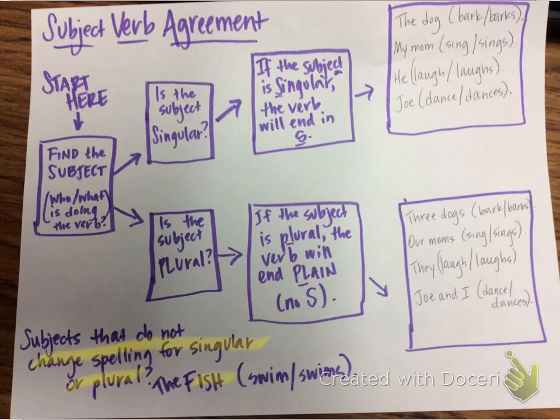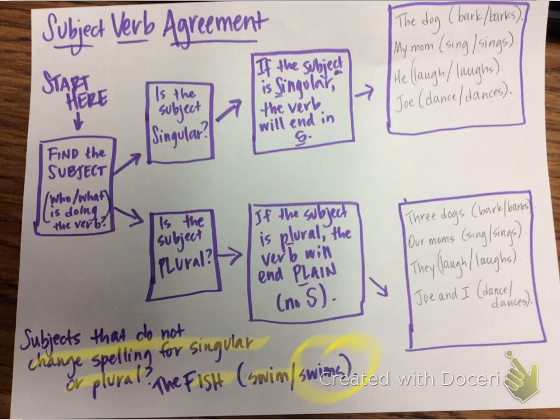So if you said the fish swim, that's a plain ending verb, so obviously I can infer that there's more than one fish. But if I say swims, then I'm implying that there's one fish only, because this ends in S, so this must be singular.